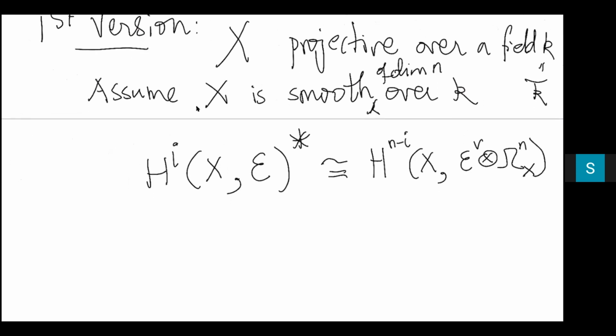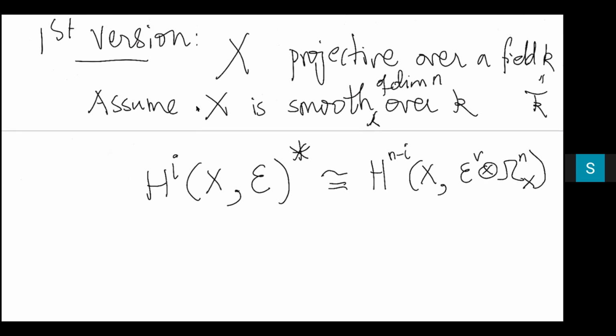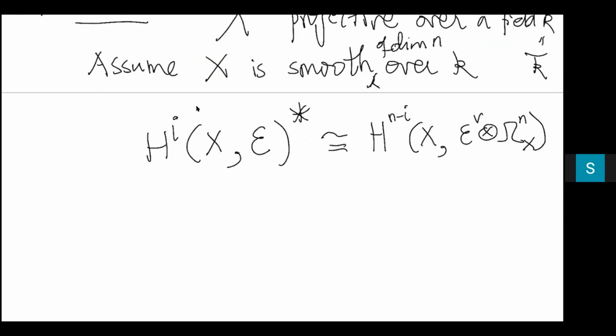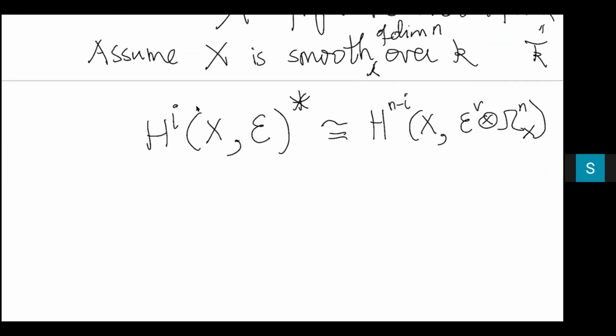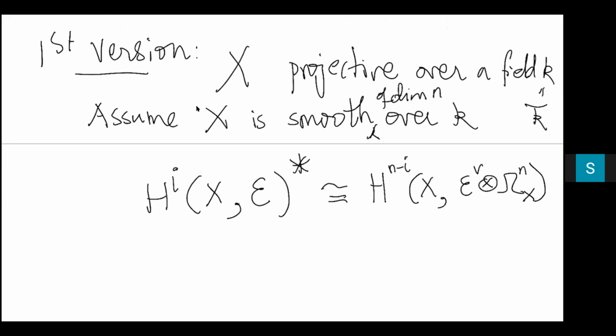So this is the statement of Serre duality for any projective scheme or variety over an algebraically closed field, which you assume is smooth of dimension n. Then over that field, this star here is the vector space dual, and this is the sheaf dual of E. So dualize E with respect to OX.